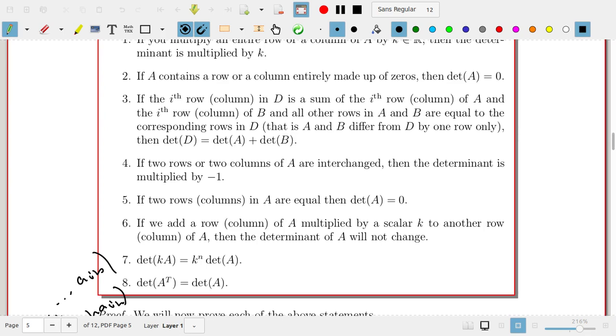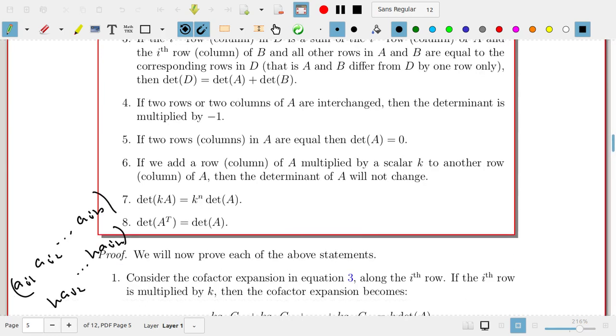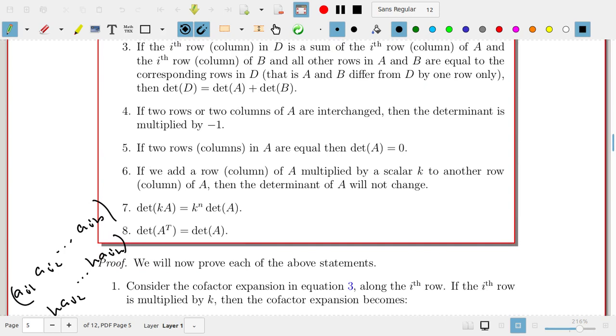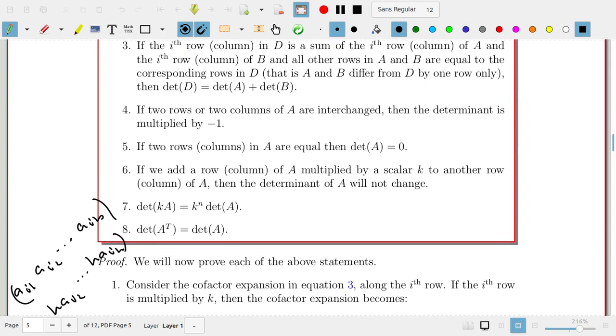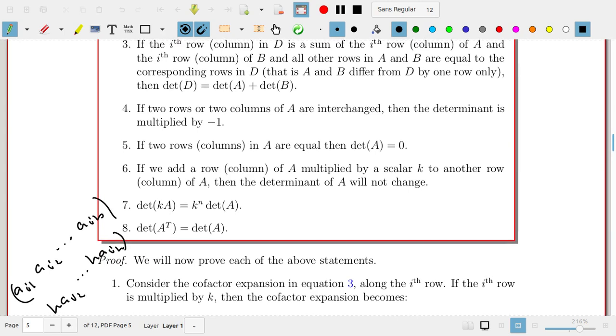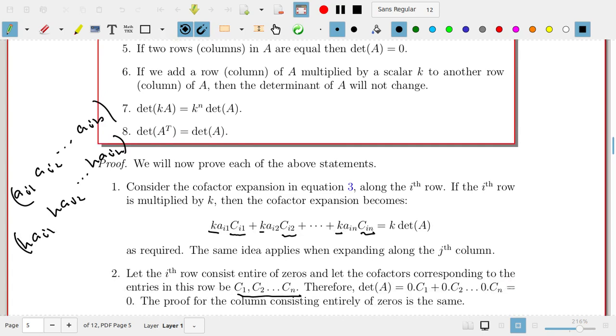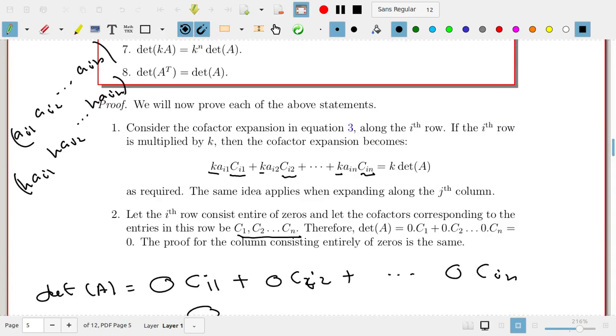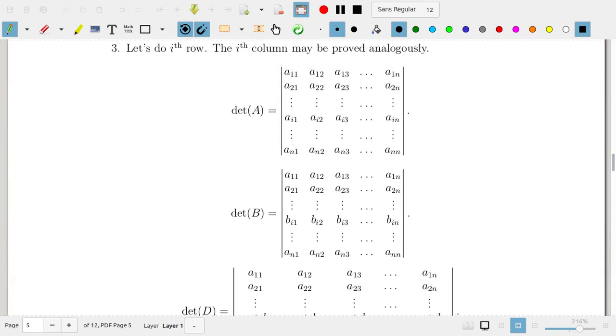What does this mean? What this basically tells you is that let's say we have a matrix A and a matrix V, and they're exactly the same, except that the ith row in A and the ith row in V are different. A and V are exactly the same, except that this row and this row are different.